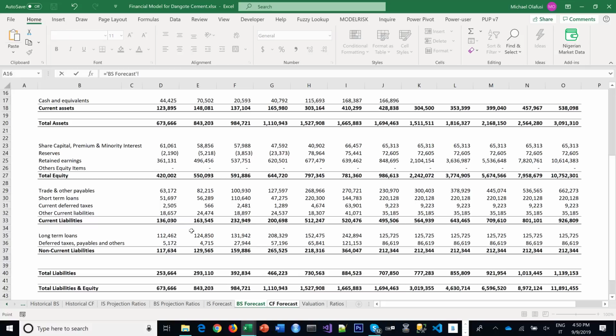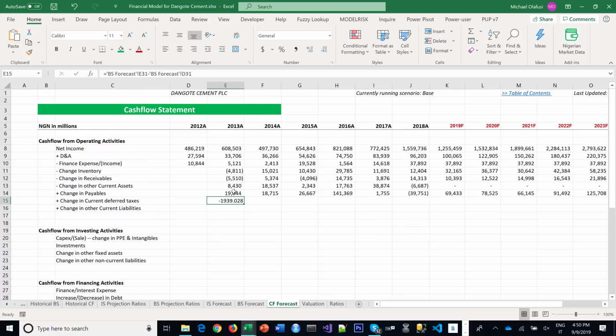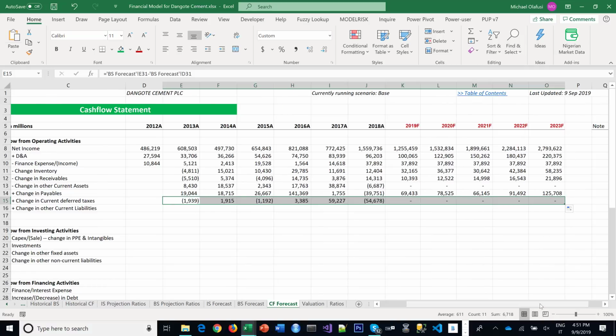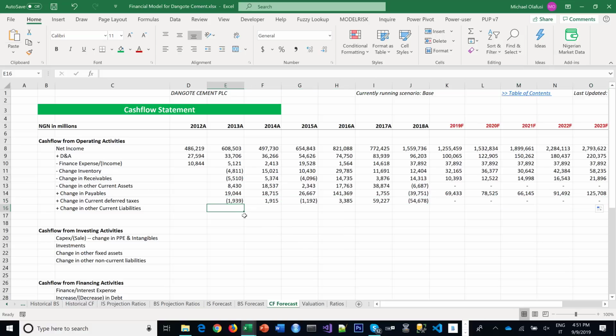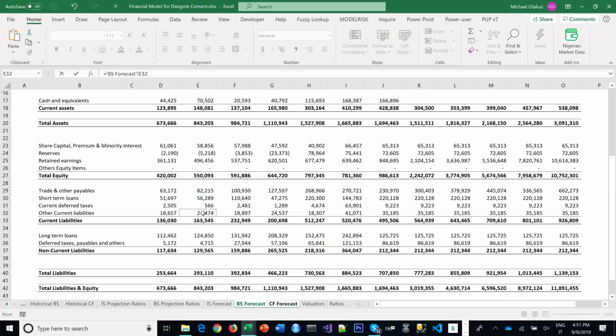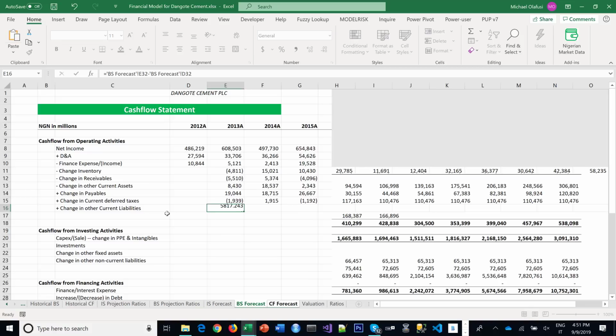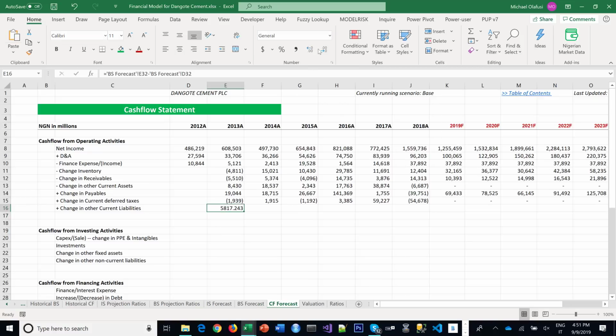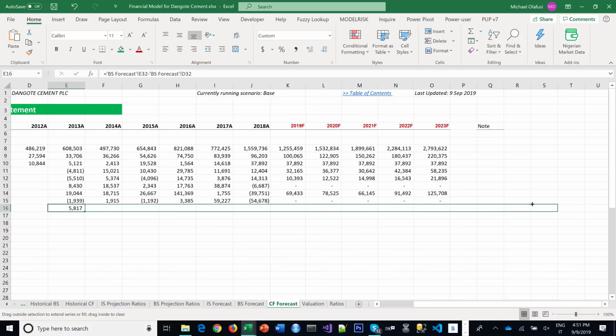So current deferred taxes this year minus what it was last year. I remove the negative and I drag into the future. Then change in other current liabilities. This year minus last year, then drag into the future.